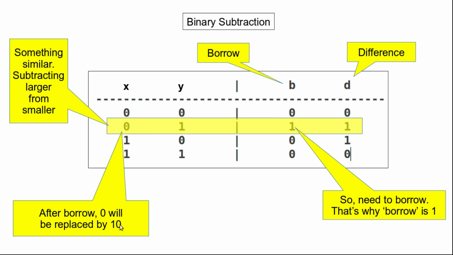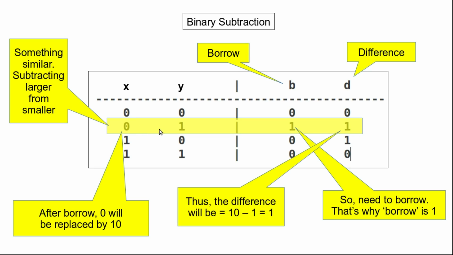In the decimal number system, in the example we saw that 3 got replaced by 13. Now in case of the binary number system, when we borrow, this 0 will be replaced by 1 0. So now the subtraction becomes 1 0 minus 1. 1 0 is 2, so 2 minus 1 will result in a difference of 1.